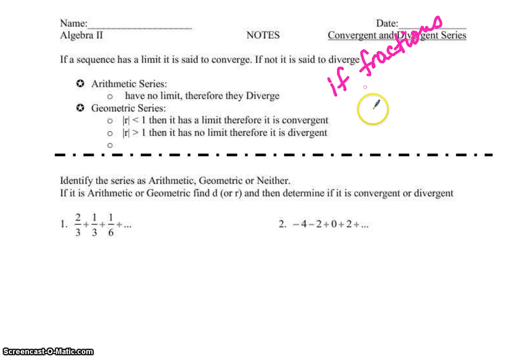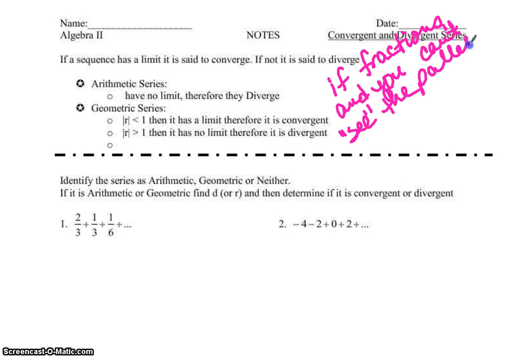and you can't see the pattern, what you need to do is find a common denominator.